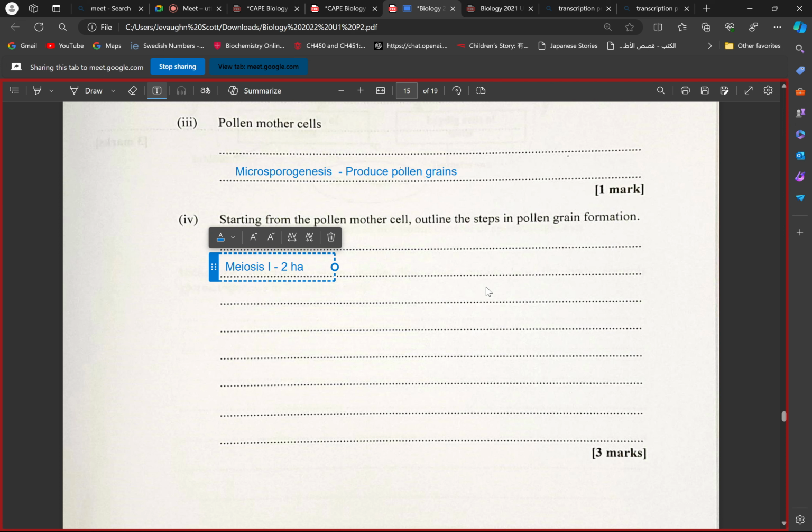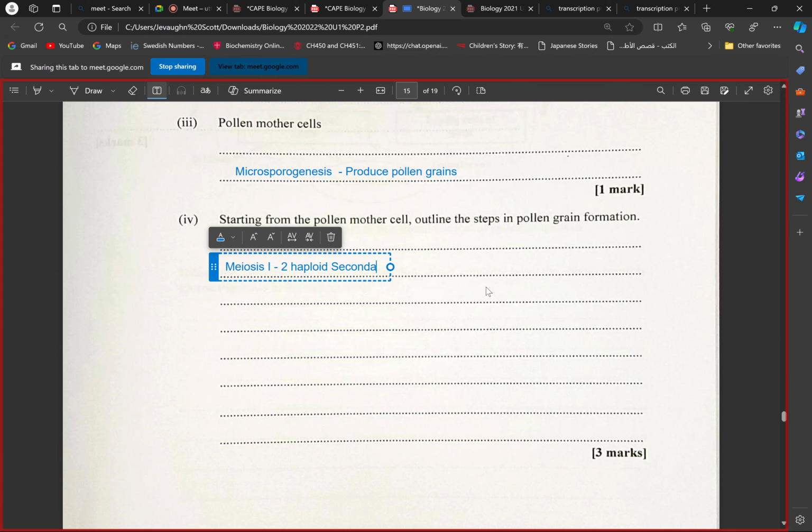It's two haploid. So we're going to have two haploid. That's interesting. So it's not four. No, meiosis one and meiosis two, you know. Meiosis one, the first division, would actually give two haploid cells.